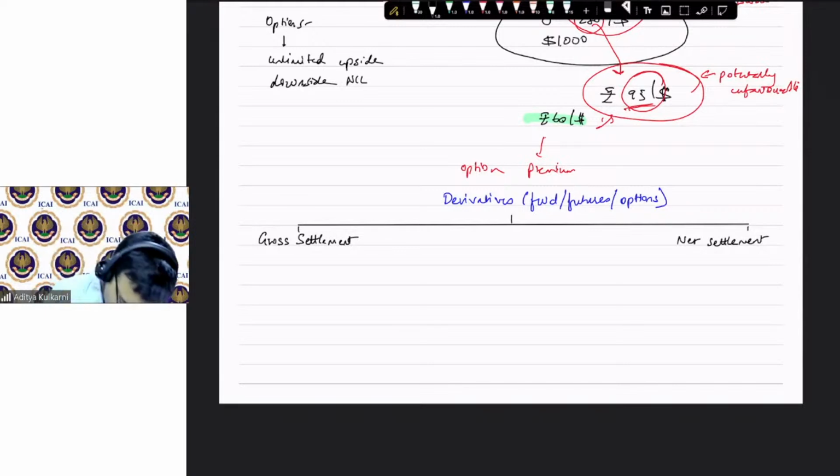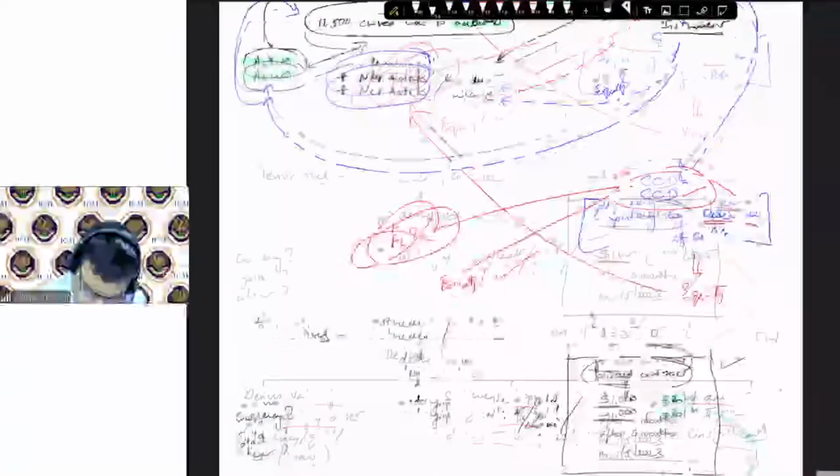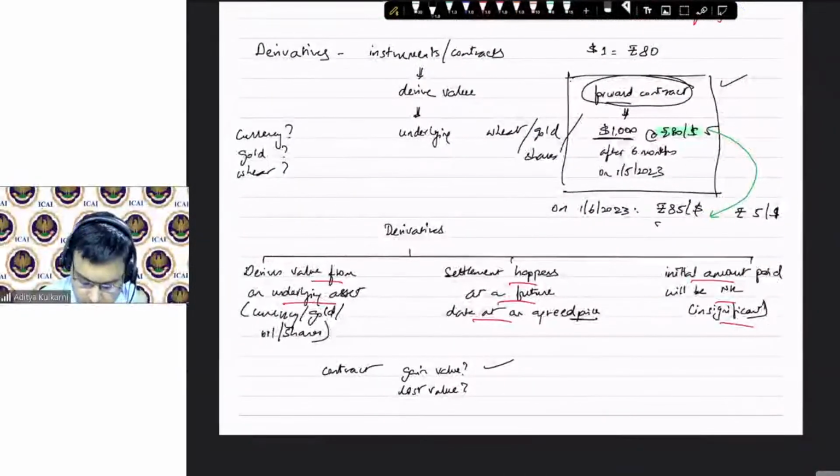Gross settlement means what? Suppose in our example, we had entered into a forward contract to purchase $1,000 at rupees 80 per dollar. I hope you remember this.